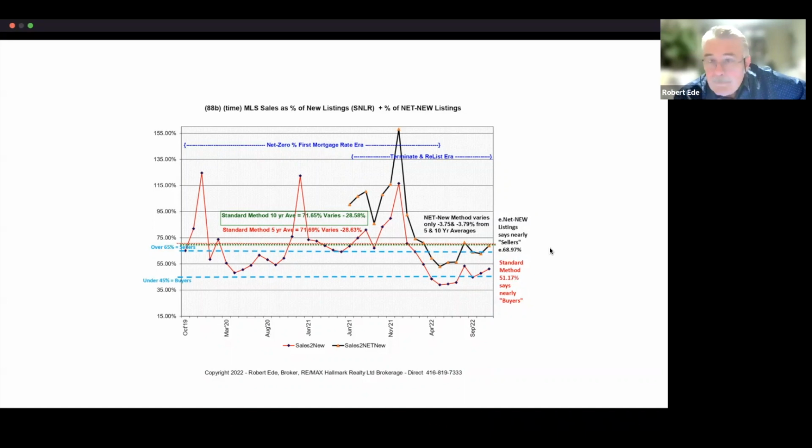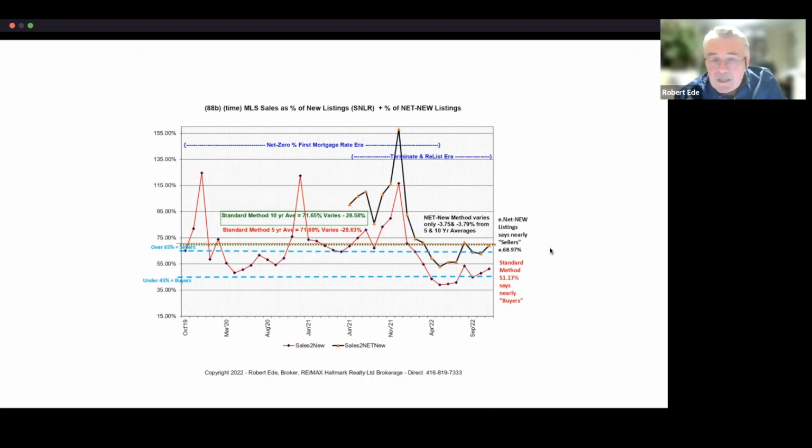Whereas if you keep the bloated number of all the doers included, and divide by the sales that are arranged, you get 51%, which is just over the buyer's market situation into the neutral. 45% is the magic number that's been decided over time.